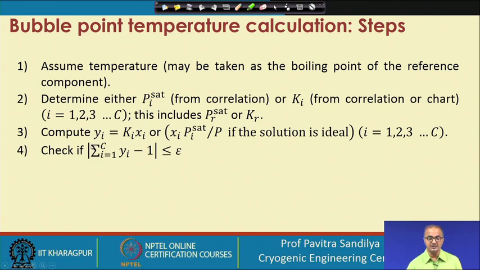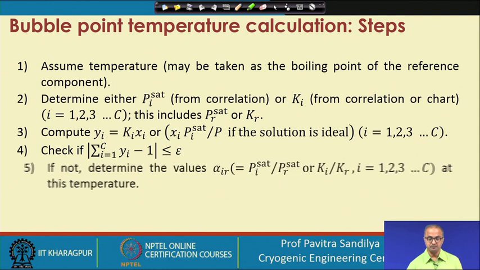In this case, we take the absolute value of this difference, and this we compare with epsilon. Epsilon is a user defined convergence criterion to figure out whether we have reached the solution or not.